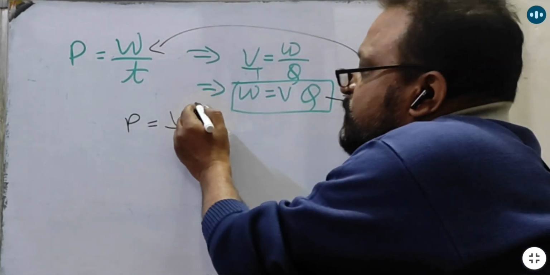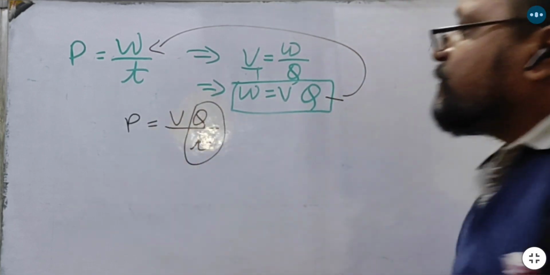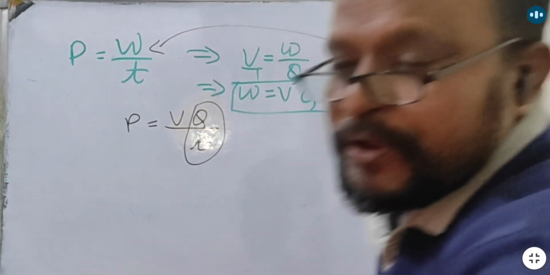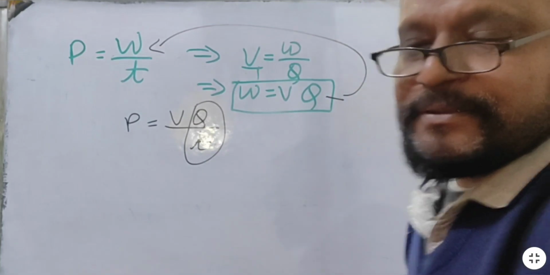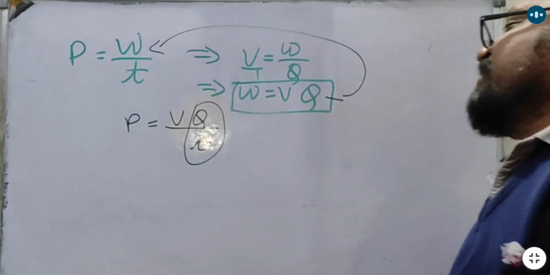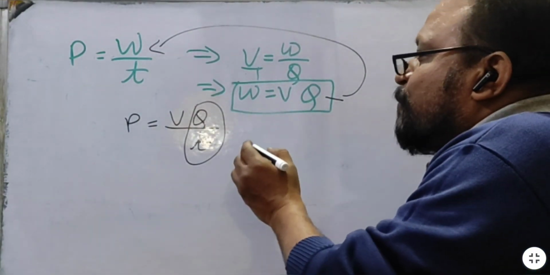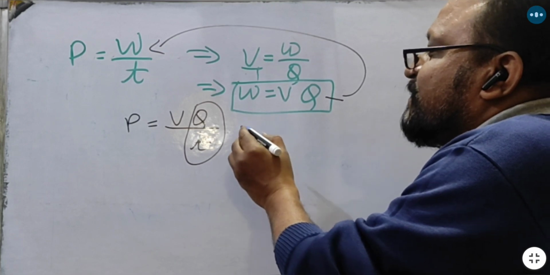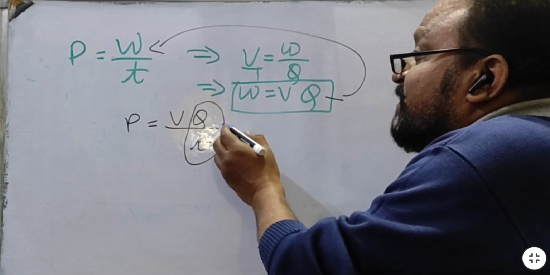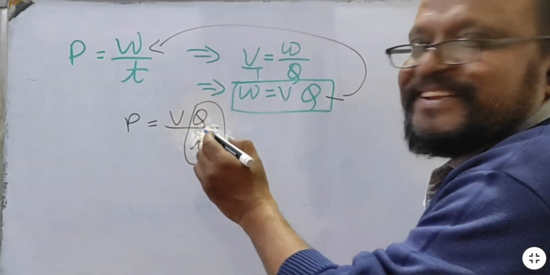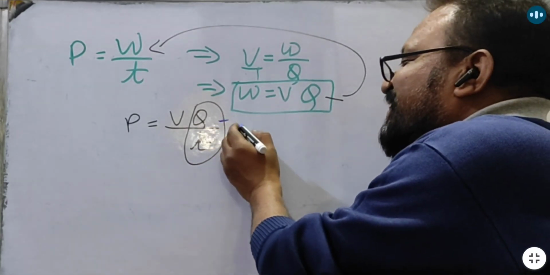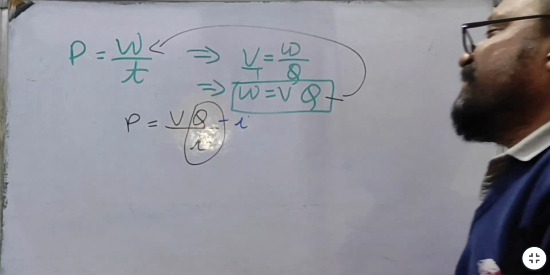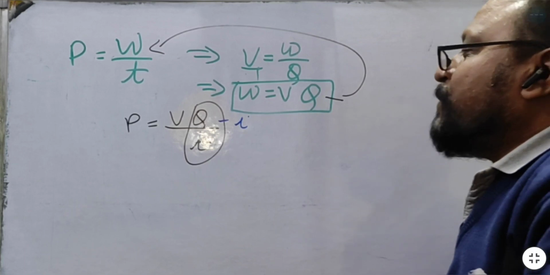So what is this Q upon T? Charge flowing per second. What do we call it? It is called electric current. Q upon T is electric current.